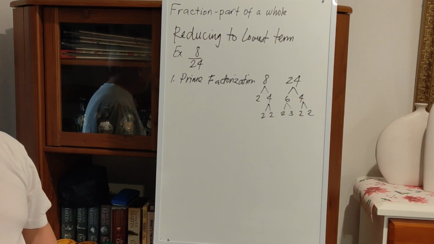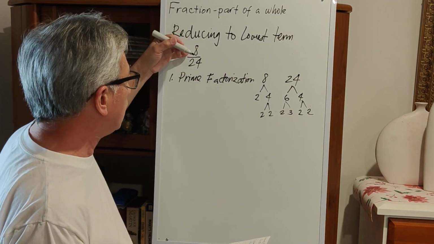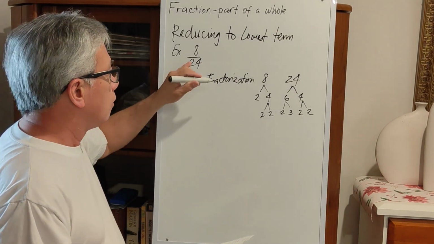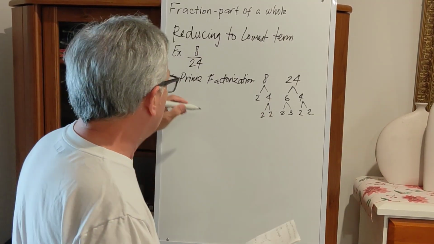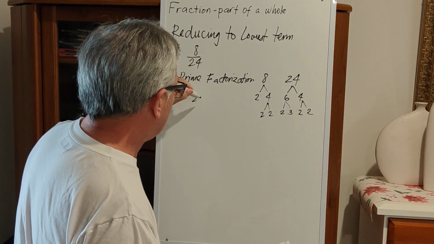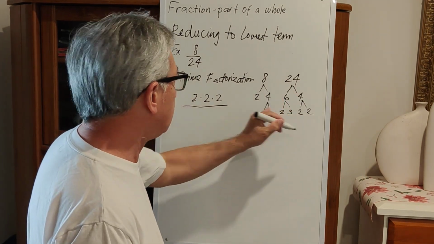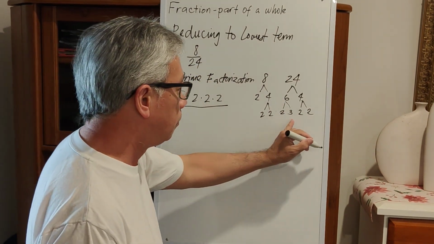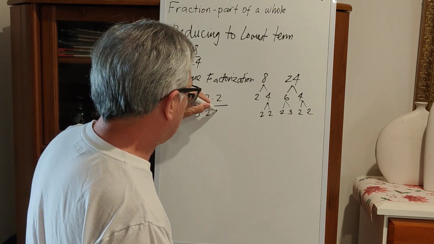So instead of writing 8/24, we will rewrite 8 into its prime factors. Instead of 8, we put 2 times 2 times 2. And then instead of writing 24, we put 2 times 3 times 2 times 2.